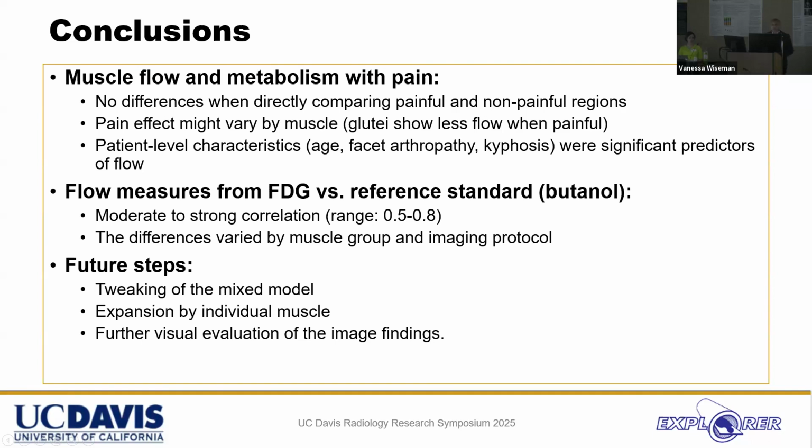The other side of the story is that FDG measures of blood flow correlate well with the reference standard. However, this difference could also vary by muscle group, and further evaluation is needed to see what other factors could be playing a role here.